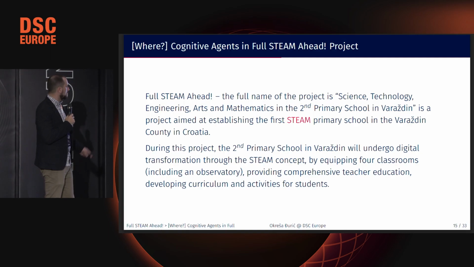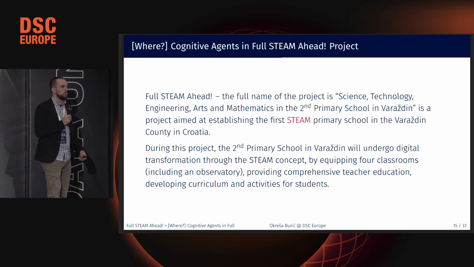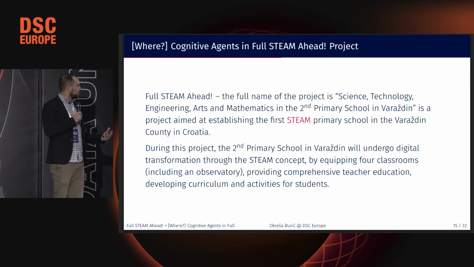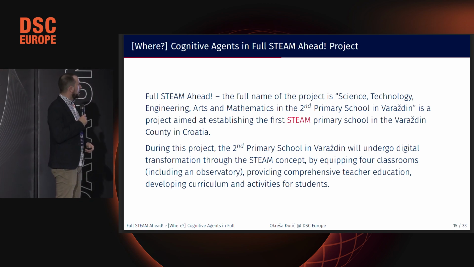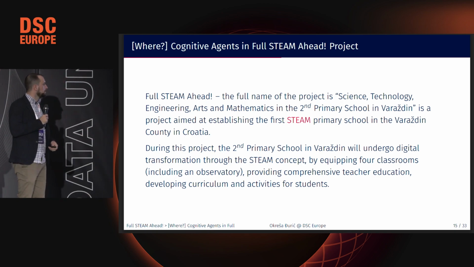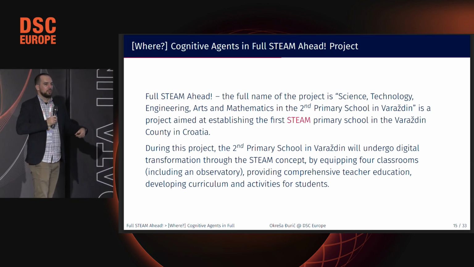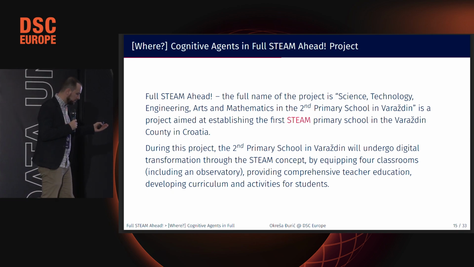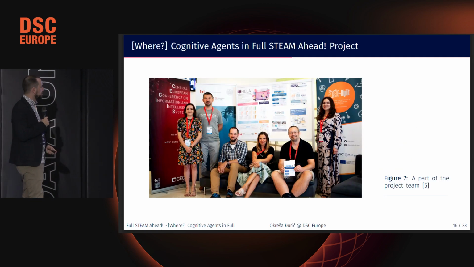This is just a long description, but the point is that it works with STEAM, so STEM plus arts, with STEAM competencies in primary schools, in particular the second primary school in Varaždin in Croatia, where the point is to introduce new teaching approaches and new technologies to some of the students there.